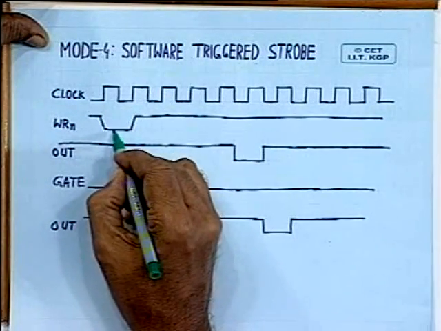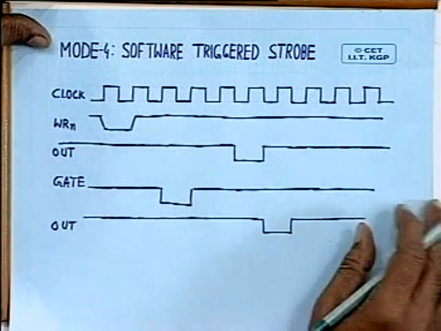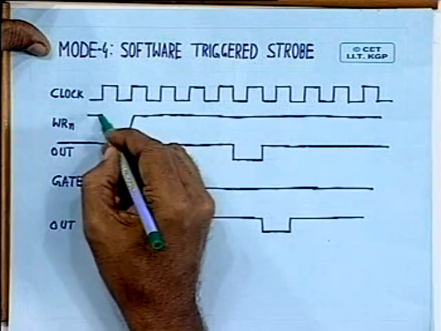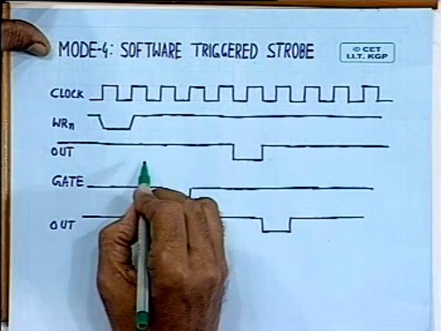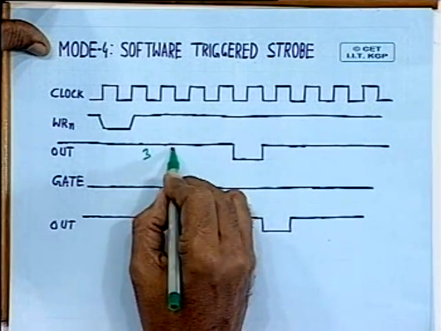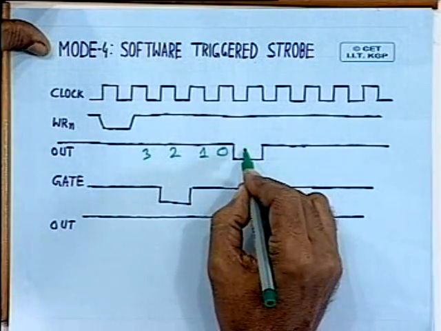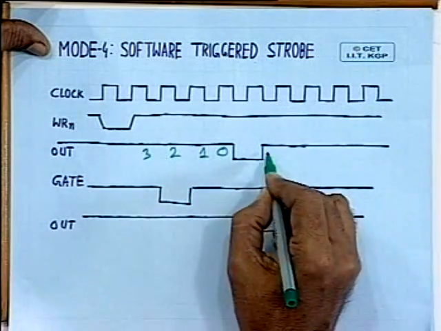After you write the value in one of the counter registers, it starts; this acts as a trigger. That means this writing operation acts as a trigger, and then it starts decrementing, say 3, 2, 1, then 0, and after 0 is reached, a strobe is generated, and then it remains high.